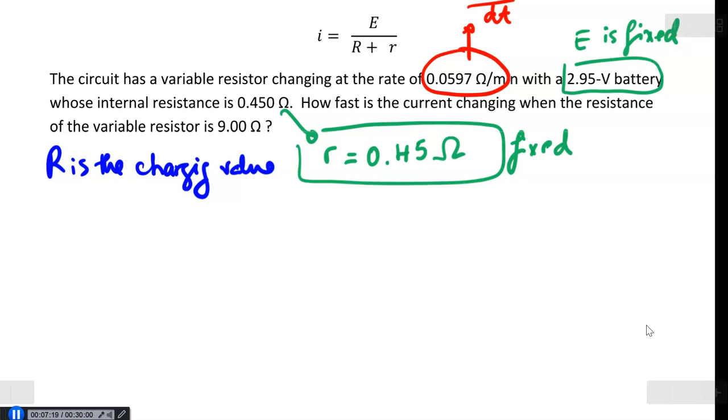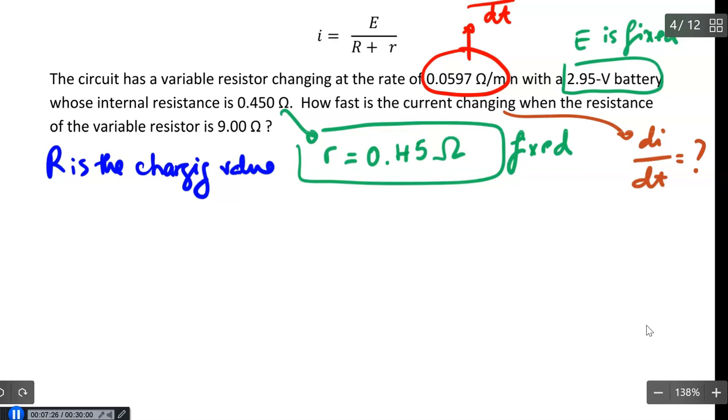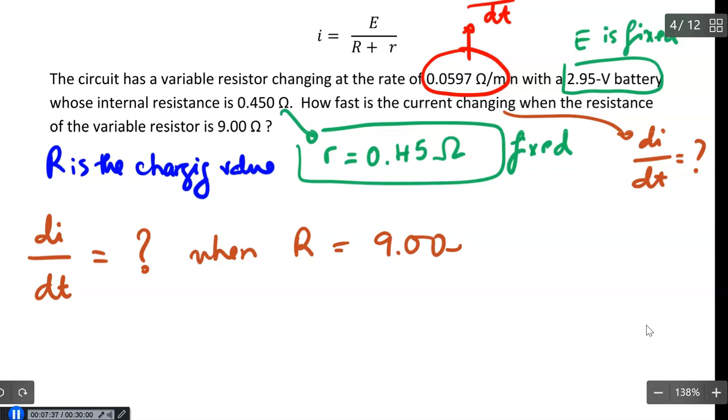They are asking me how fast the current is changing. So I have to find di over dt. So di over dt is equal to the question mark when my changing value R is equal to 9.00 ohms. So R is changing.